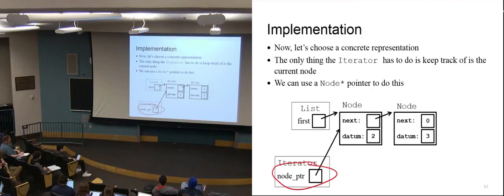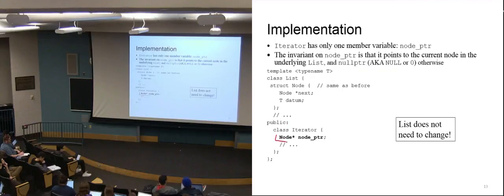So iterator has one member variable. It's a pointer to a node. Here it is in the source code. Notice that this is inside of the iterator. Just a reminder, I am not changing the list. I'm adding code to it. More questions so far?